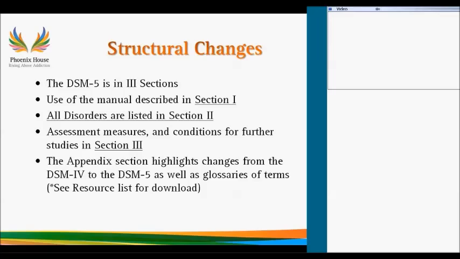And section 1 is briefer than the other sections. All the disorders are listed in section 2. And in section 3, there are assessment measures, conditions for further studies, some appendages, charts, different measurements that are helpful with diagnosing.